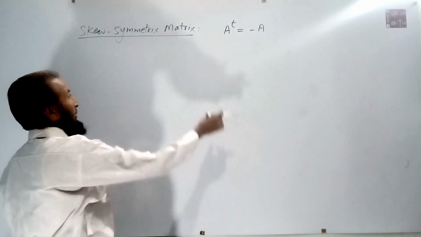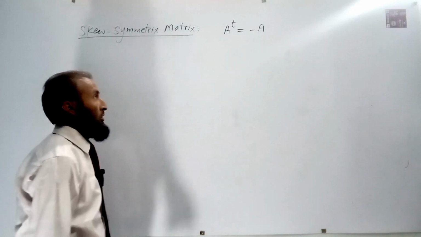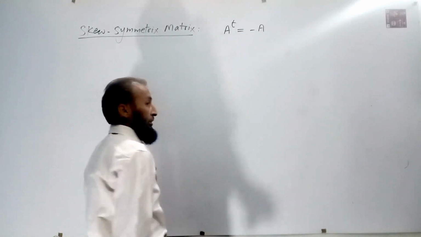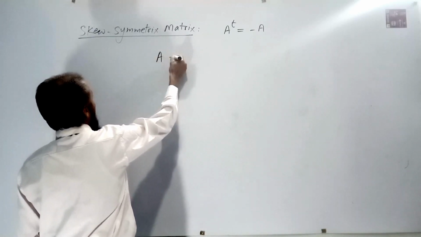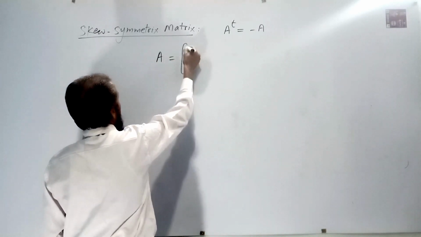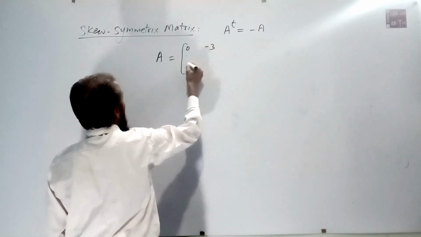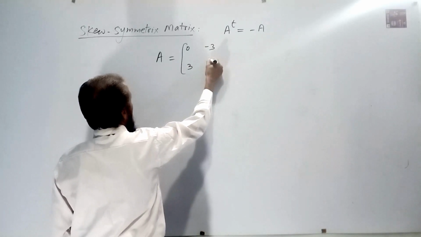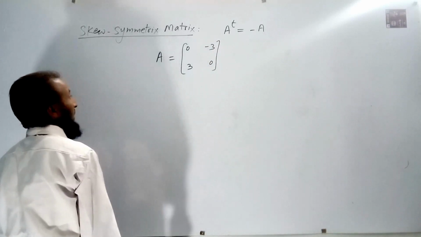It means that if we take the transpose of a matrix, it will be equal to the negative of the original one. For example, we take a square matrix 0, minus 3, 3 and 0. So what will be the result?